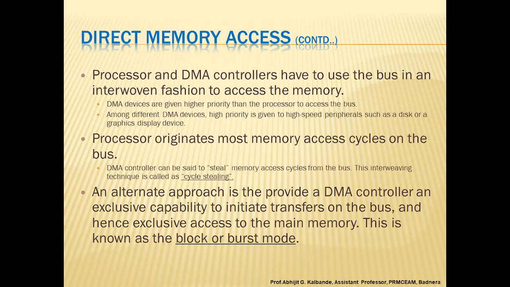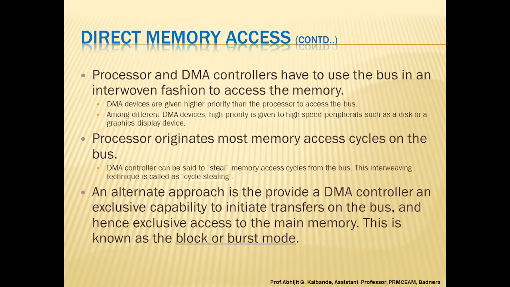The processor originates most memory access cycles on the bus, and the DMA controller can be said to steal memory access cycles from the bus. This interweaving technique is called cycle stealing.